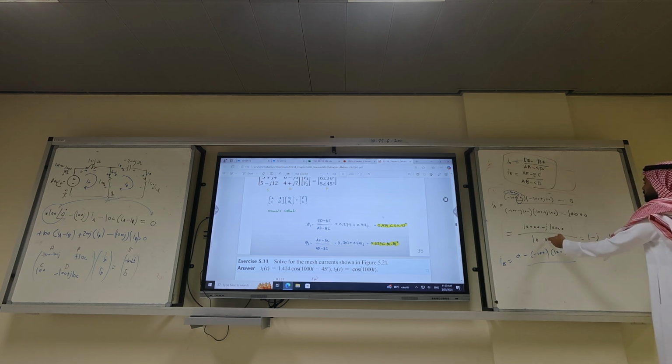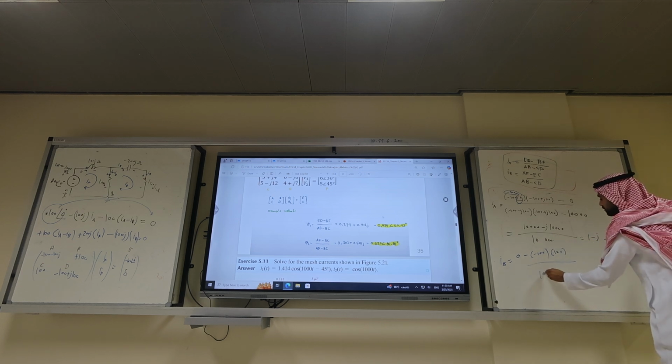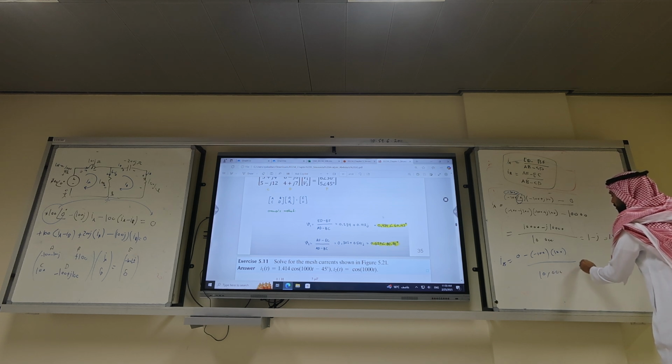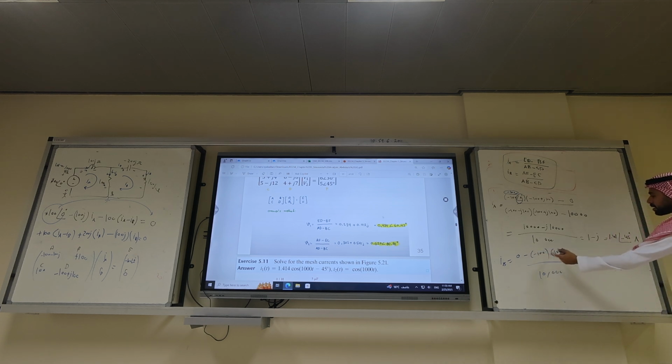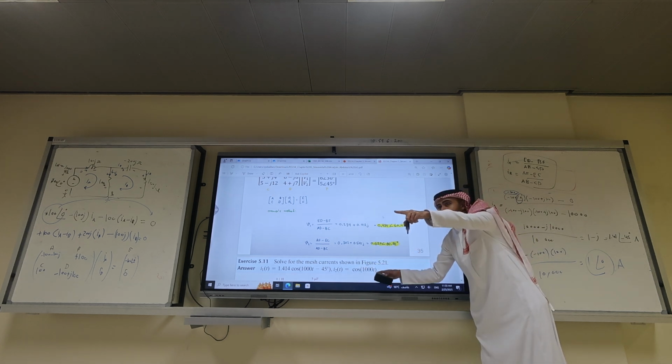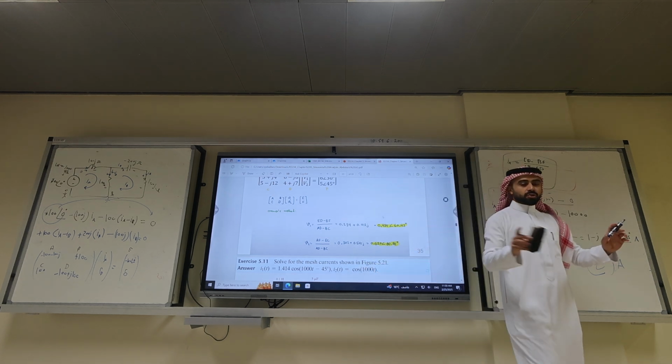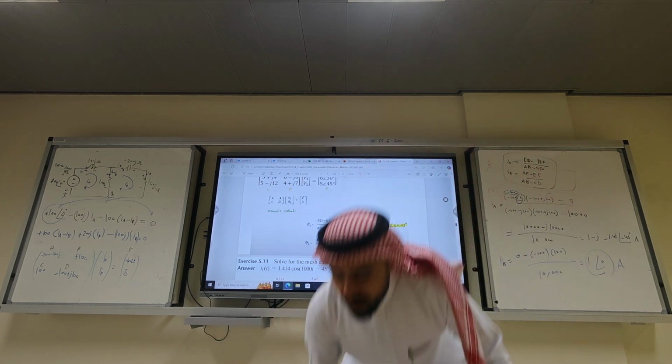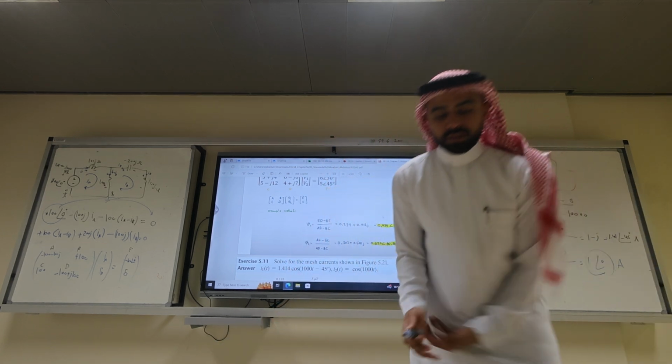We already calculated the determinant, which is 10,000. So it's going to be 1 angle 0 amps.